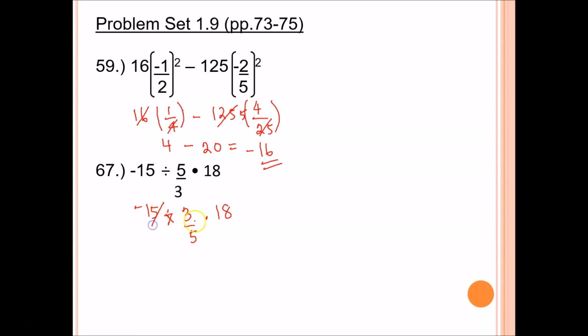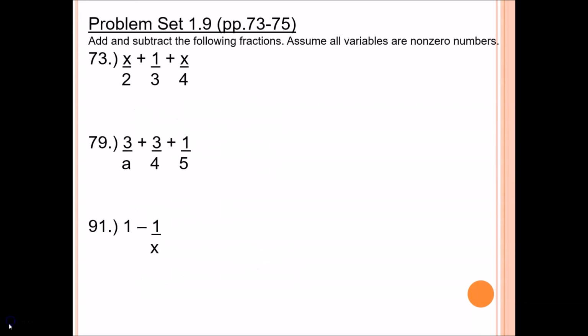Now, we all know that 15 divided by 5 is 3. Okay, so 3 times 3 is 9 times 18. Okay, don't forget it's a negative. So negative 9 times 18 is negative 162.